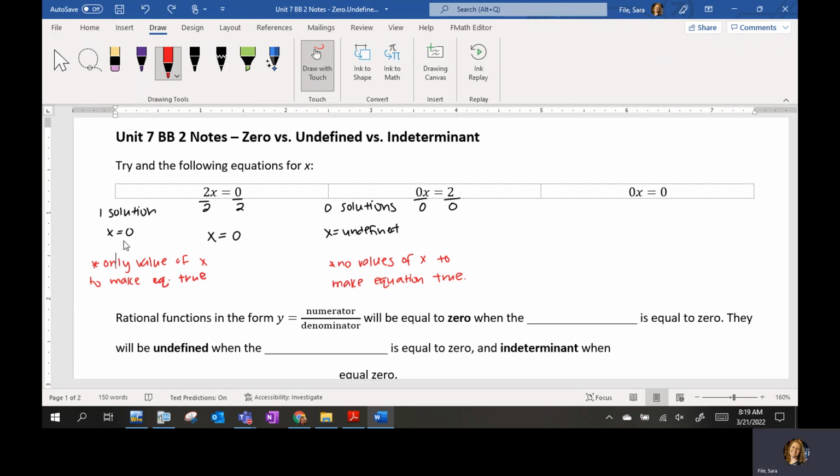So x equals 0 is the only value of x to make the equation true. Here x is undefined because there are no values of x to make this equation true.